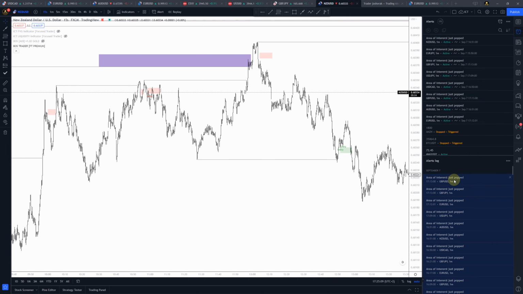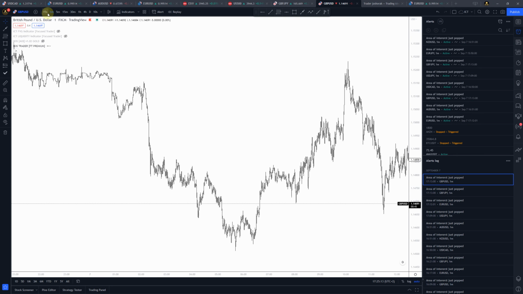You can see that I receive a lot of them, and when I receive an alert, I click it, and it will also switch the chart to the instrument and the time frame that I'm using.